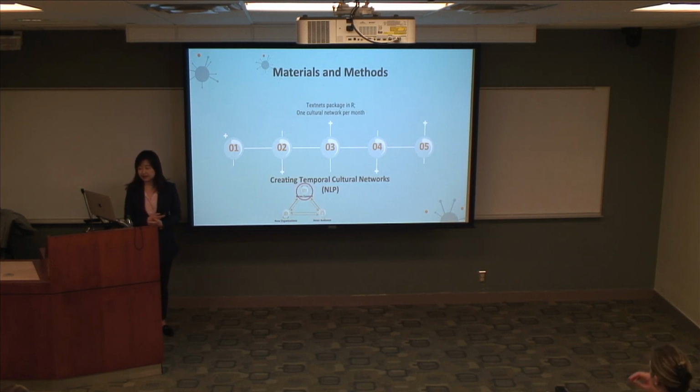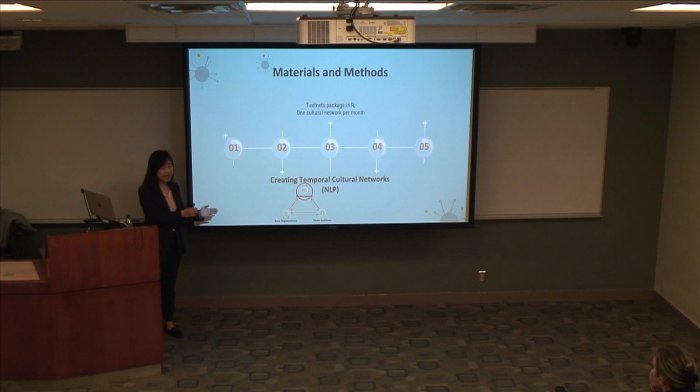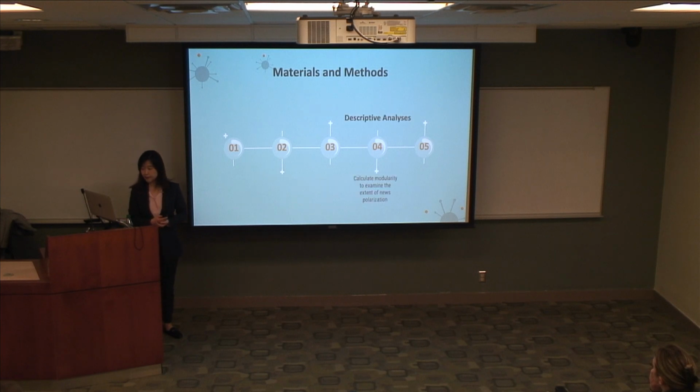Then we use textnets, a package in R, to create temporal cultural networks. That is one cultural network per month. This helps us test relationships involving time, such as effects of social media engagement on the previous day on the current day's cultural network. For the descriptive analysis, we calculated modularity, which is a network measure to examine the extent of news polarization.